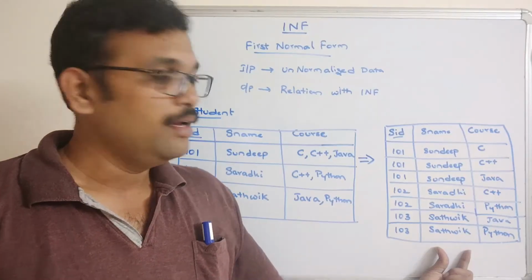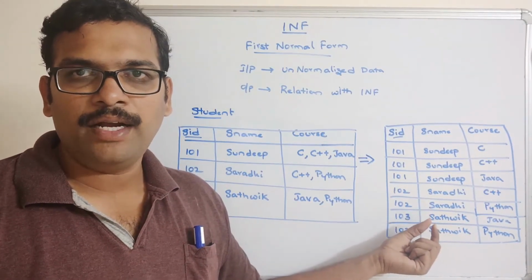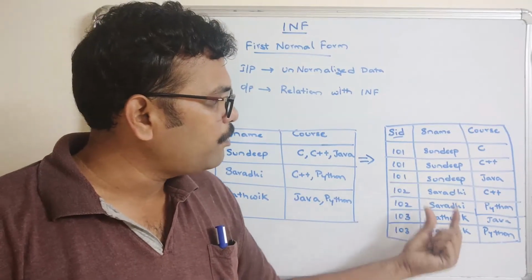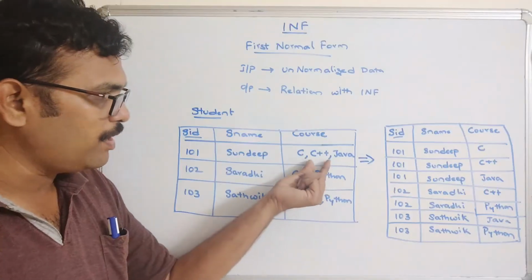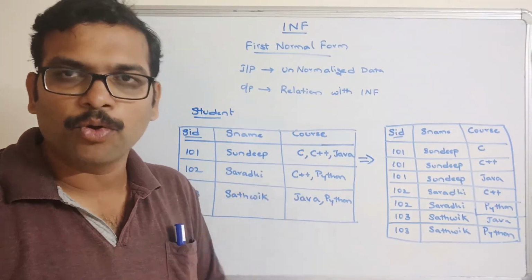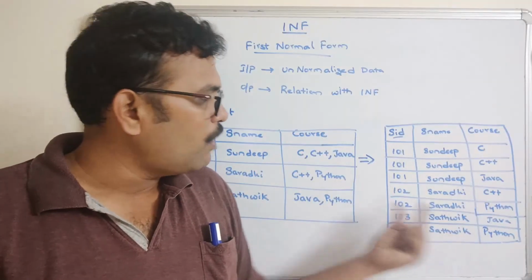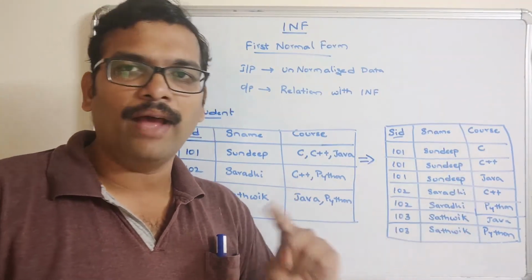Now you can see there are no multi-valued attributes, right? None of the attributes has multiple values. In order to avoid that, just insert one more row, so like this we can avoid the multi-values. Every attribute, every cell, has only one value.